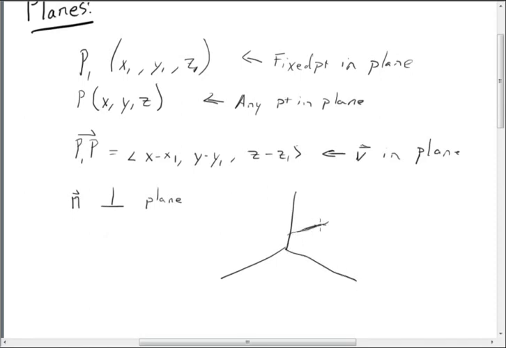Of course, this extends out to infinity to the sides, but we don't draw it that way; we keep it short. We have a fixed point, P1, and here is any other point in the plane, P. So we have a vector going from P1 to P.